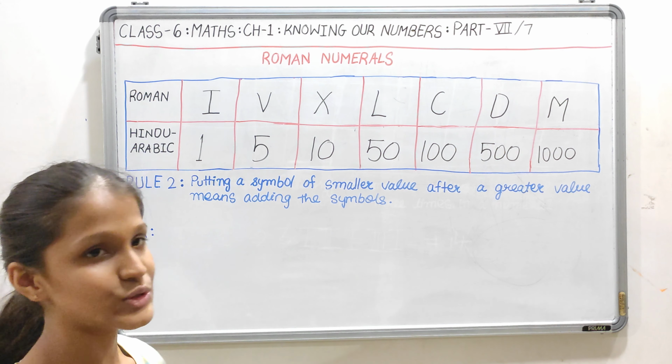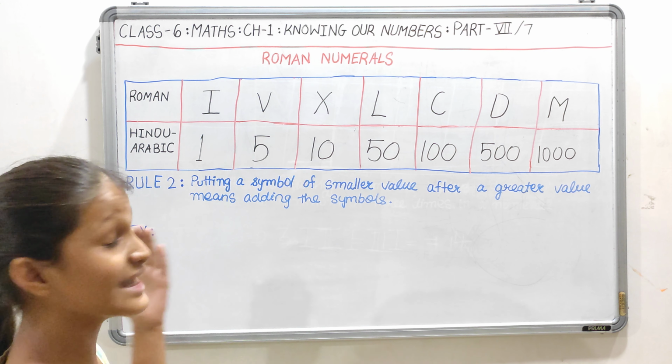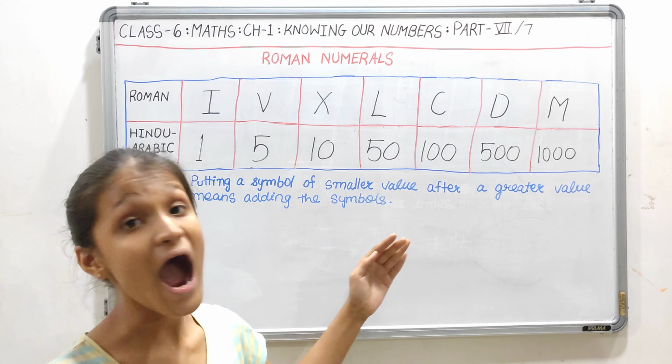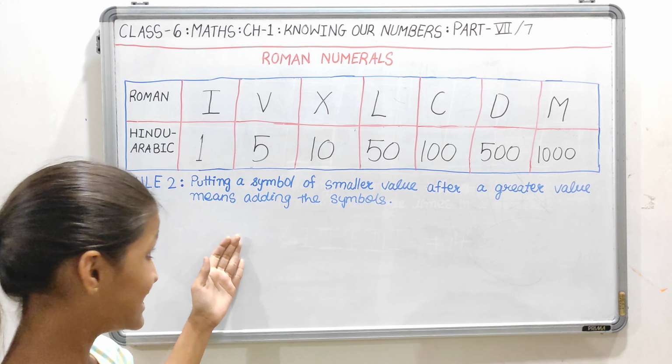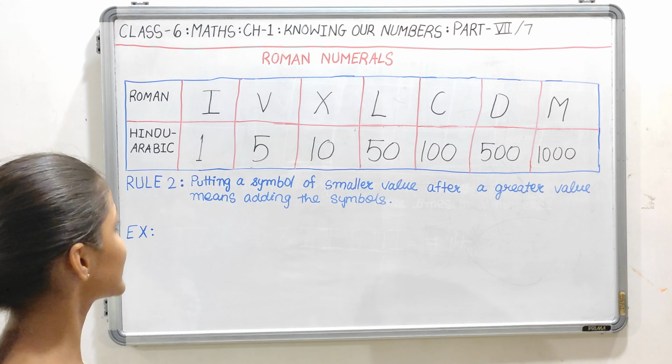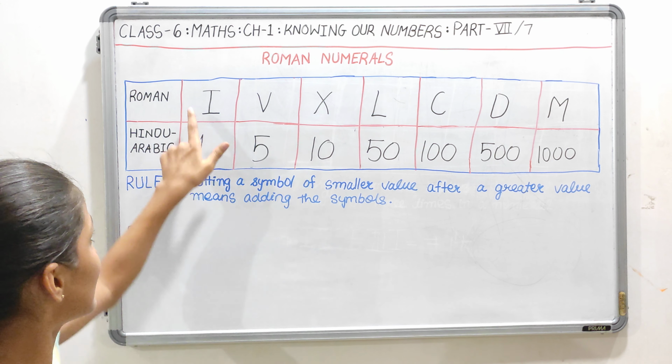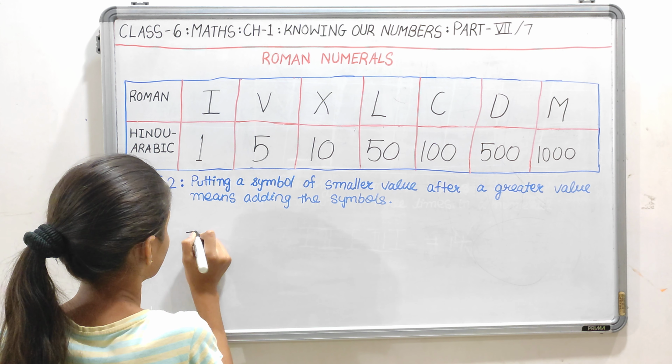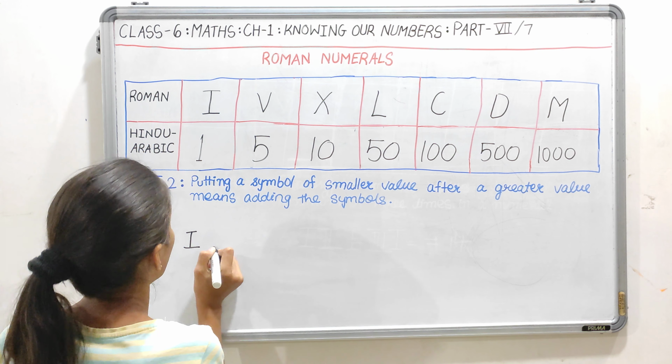Now our next rule, rule 2, is: putting a symbol of smaller value after a greater value means adding the symbols. For example, we take a smaller value 1 and a greater value 5.